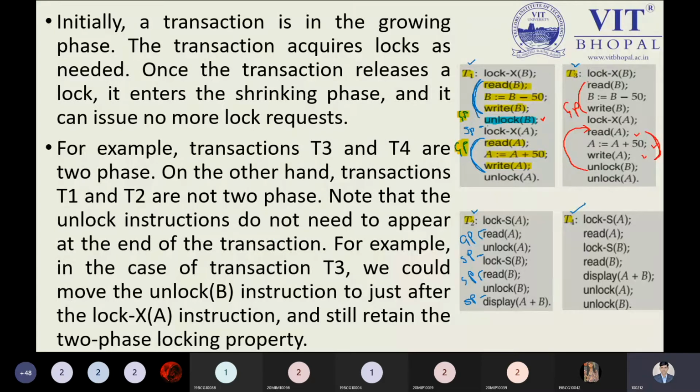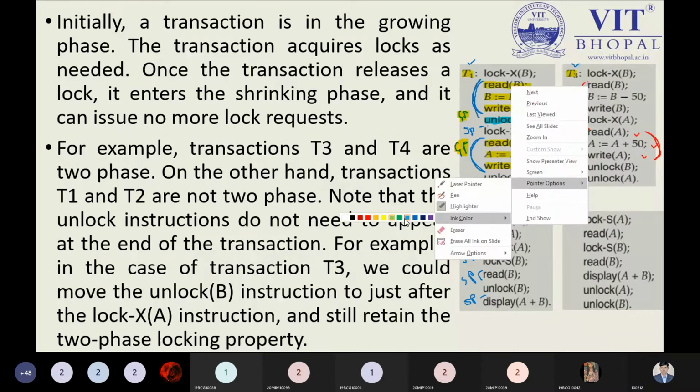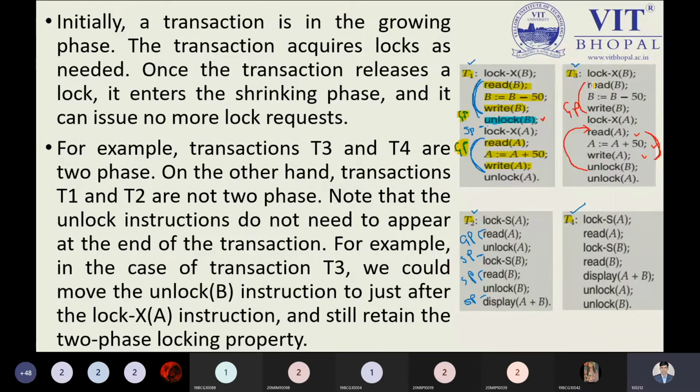Now, what I'm doing, I'm transforming T1 into the T3 transaction. So I'm locking B and all these things are considered as a growing phase. So this read will be part of the growing phase. Now this will be part of the growing phase as we have seen.